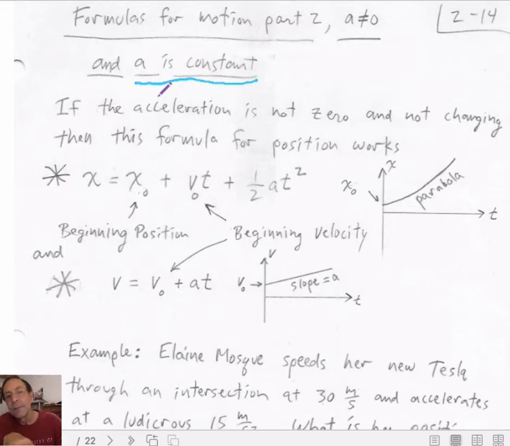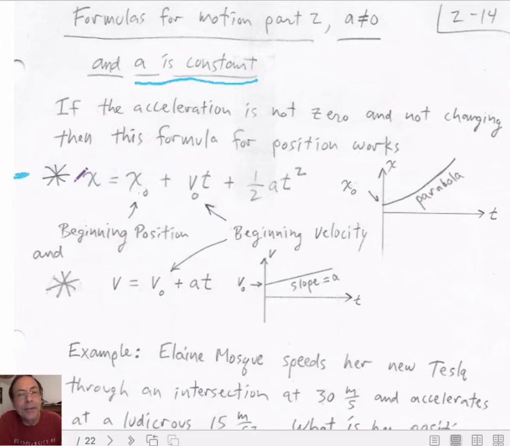But at some point, you're going to have situations where the acceleration is changing, in which case, now things get even more messy. Okay, but for now, we're keeping things simple. The acceleration is constant.